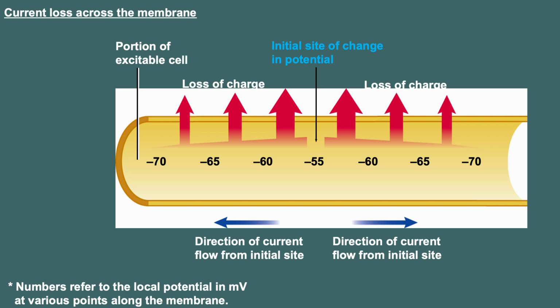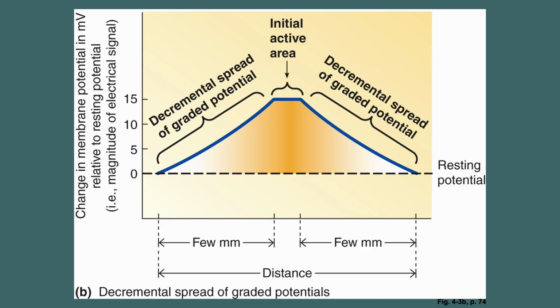So this is why we need reinforcement of other EPSPs or IPSPs in order to reach that axon hillock, right? Because we lose that signal as we move along. This figure is simply another way to look at that spread or that loss of those graded potentials as we move along the inside of that cell membrane.